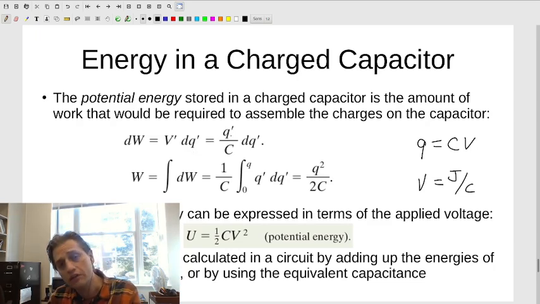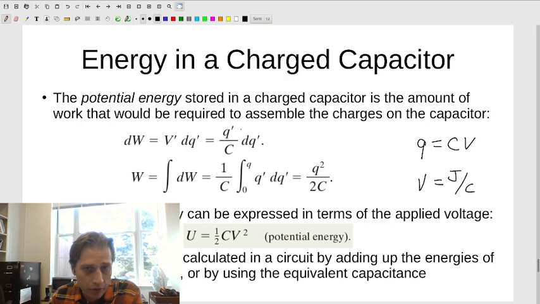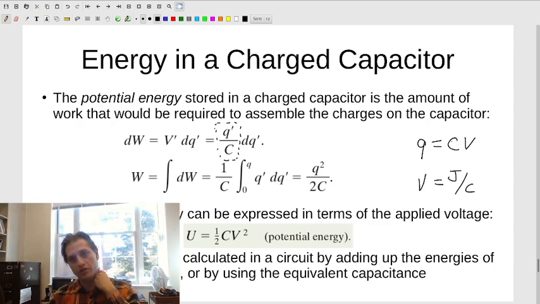However, the voltage depends on the amount of charge that we already have on our device. So I can now put this voltage in terms of the charge itself. Okay, so I used my Q equals CV, and I've said V equals Q over C.